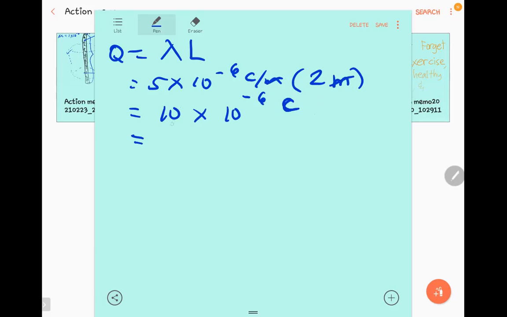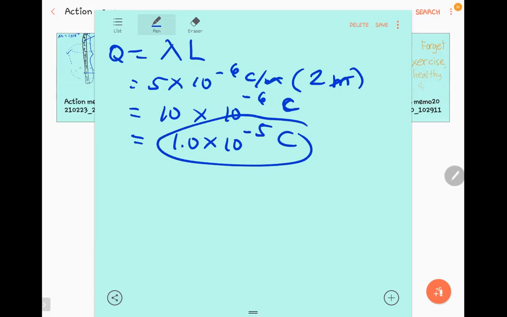And we will finalize our answer since 10 is not in scientific notation. So let's make it scientific notation. So it will become 1.0 by 10 raised to negative 5 coulombs. This is the first question. We need to find the charge. Okay, so this is the charge, 1 by 10 raised to negative 5 coulombs. Right? The charge is coulombs only. Correct? So this is the coulombs.